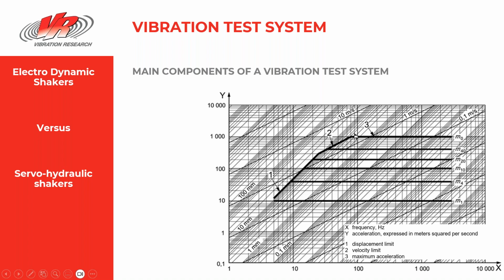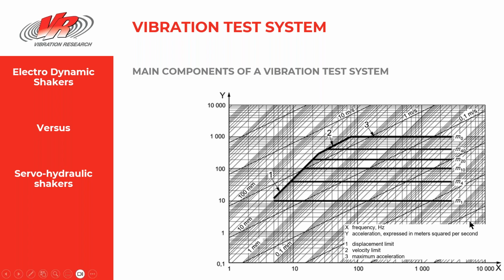You can see the 1 meter per second, 2 meter per second lines, and then you've got the displacement line at lower frequencies. Historically, electrodynamic shaker systems were an inch displacement, and then they started going to 2 inches displacement, and you can actually get shaker systems now that go out to 100 mil displacement.